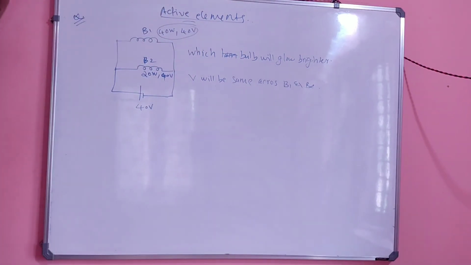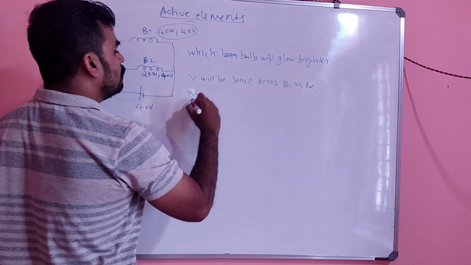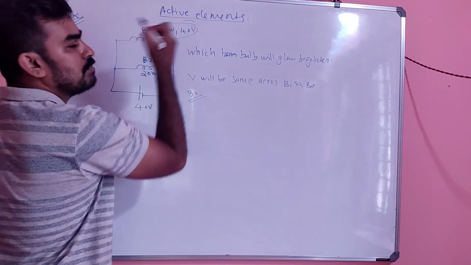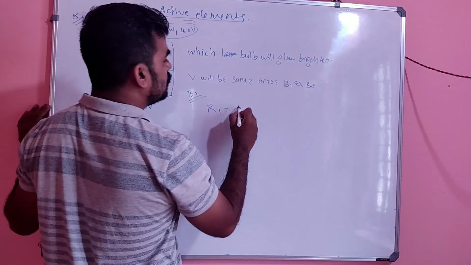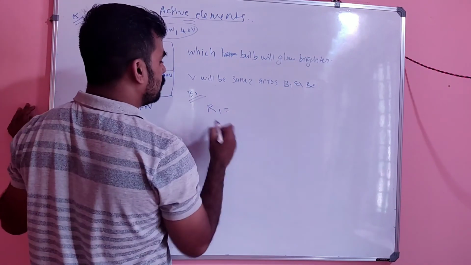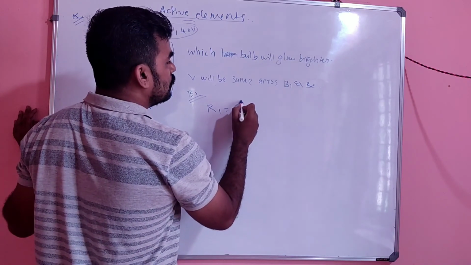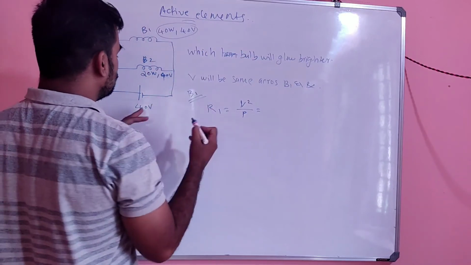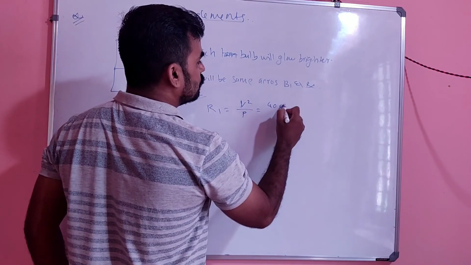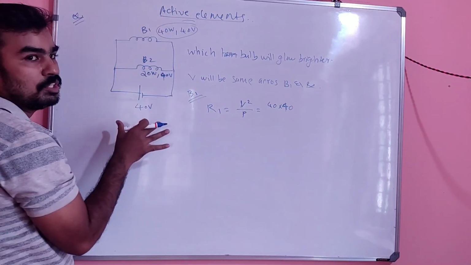So regarding bulb B1, what will be the value of resistance R1? We already have the equation power P is equal to V square by R, so that R is equal to V square by P, which is equal to, let us assume V is 40 here, 40 into 40. V is same for all the branches now.